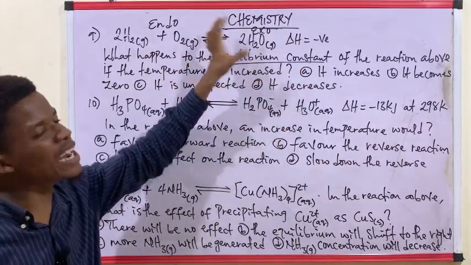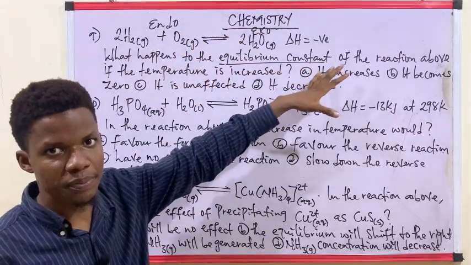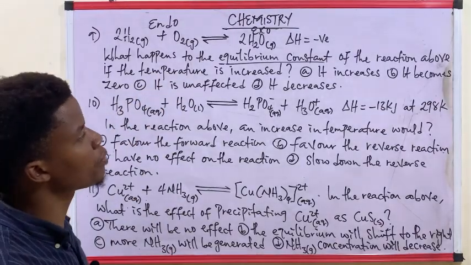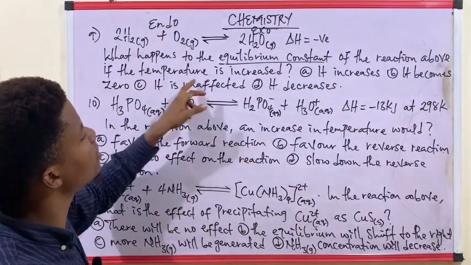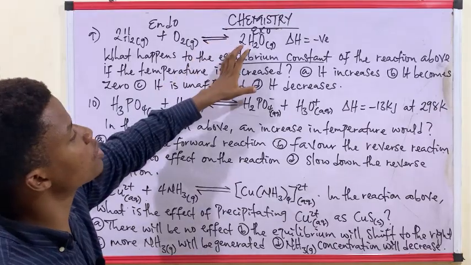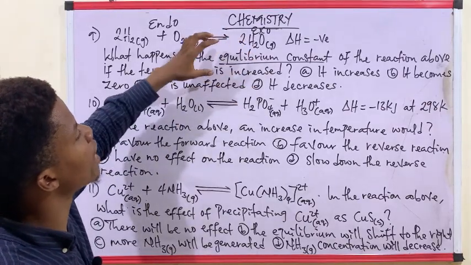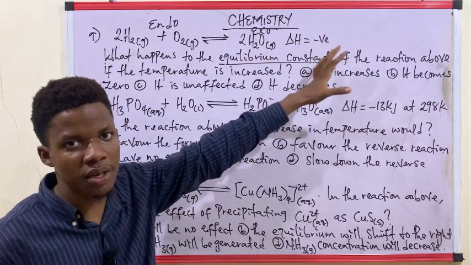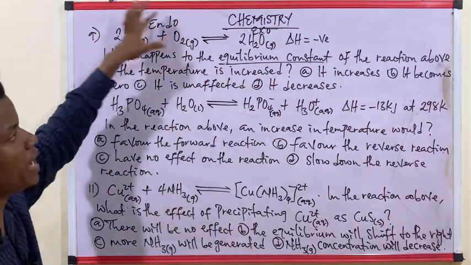Now the reaction is exothermic, but if we increase the temperature, it is going to make the equilibrium shift not in the direction of the exothermic, but rather in the direction of the endothermic.